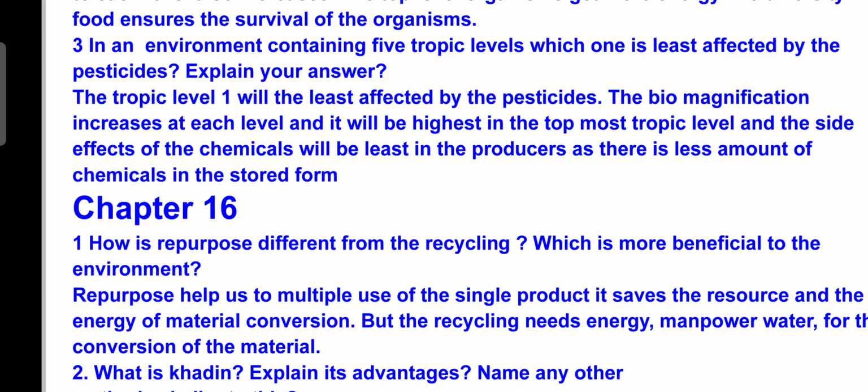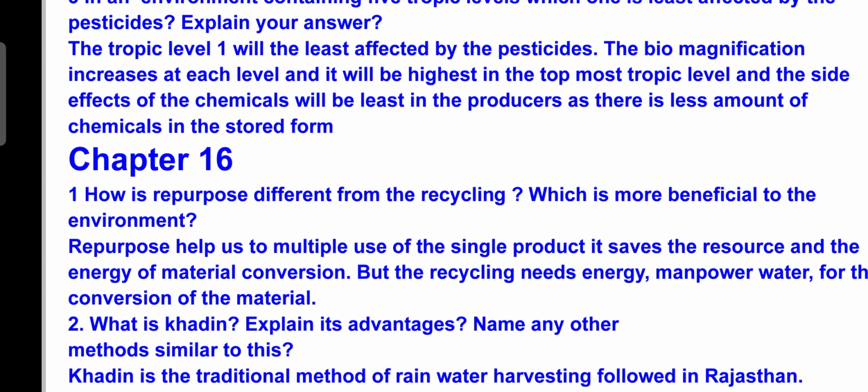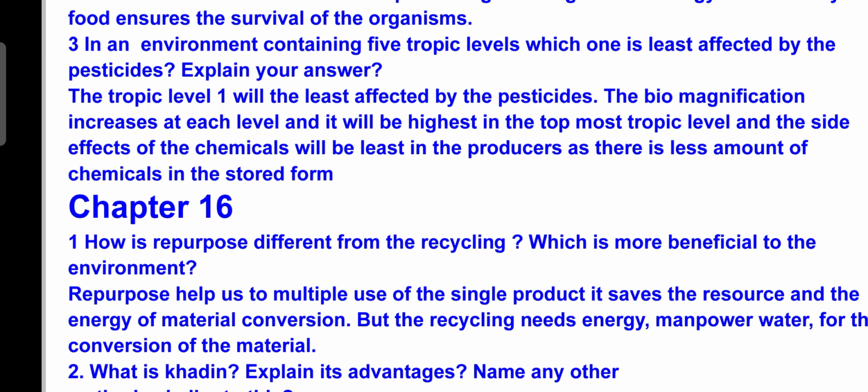So it will be the most affected by the pesticides. The diseases caused will be highest in the top trophic levels. So here we can easily write the answer that level 1, that is the producer, will be the least affected by the pesticides.